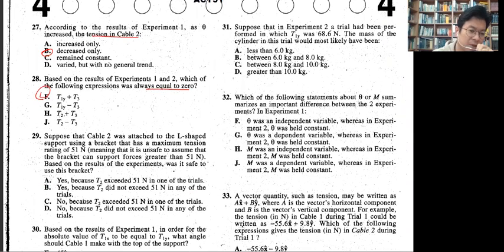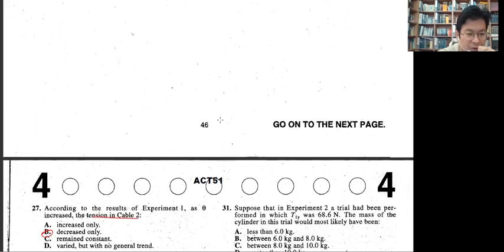Suppose that cable 2 is attached to an L-shaped support using a bracket that has a maximum tension rating of 51 N. Based on the results of the experiments, is it safe to use this bracket?